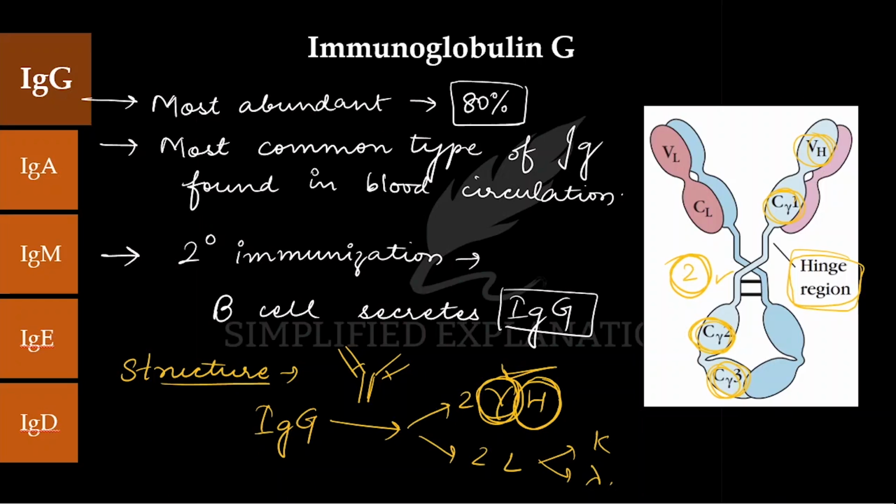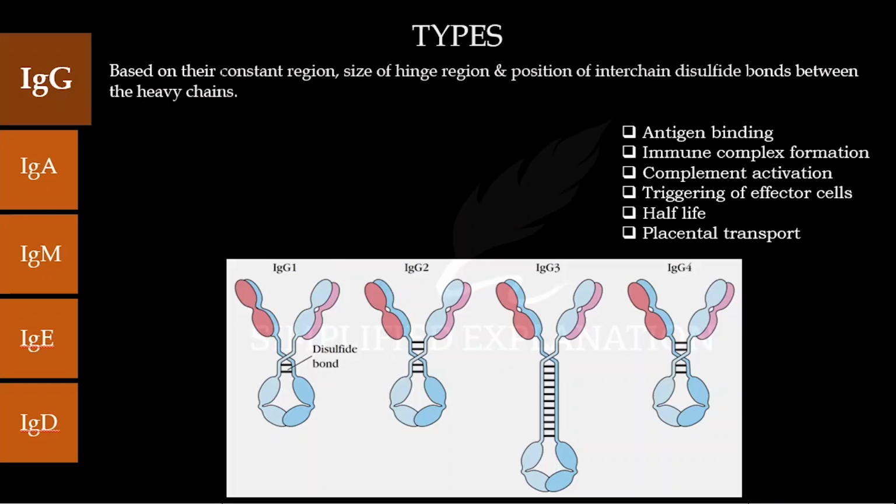So let us start with the types. There are 4 human IgG subclasses, distinguished by the differences in the gamma chain sequences, and they are numbered according to decreasing average serum concentration.